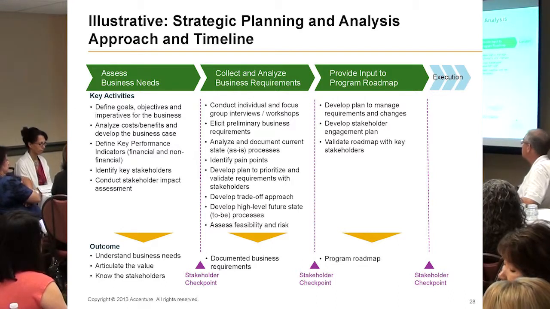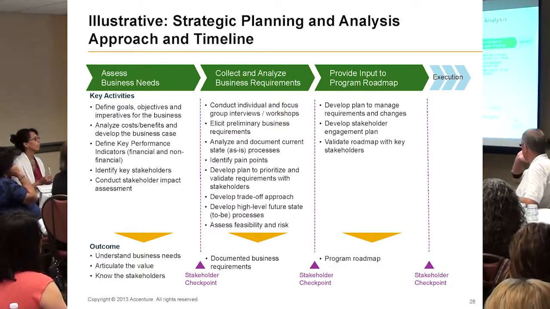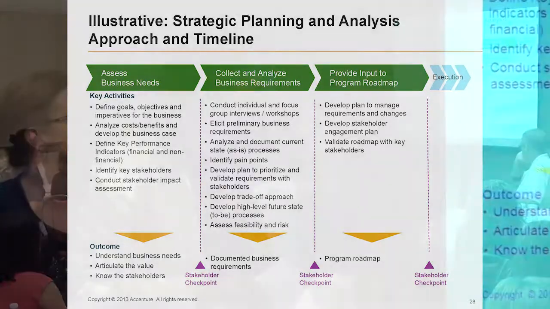And then in the end, before you move to execution, you're able to provide input as a business analyst to the program roadmap so that you know this is the scope, this is the baseline requirements, this is how long it's going to take to get there, this is what the change curve is going to look like and how we're going to have to move across that.